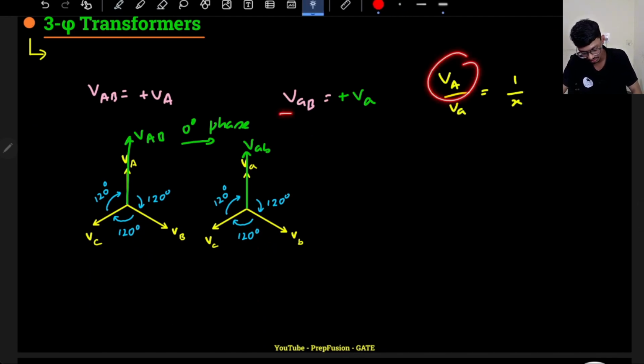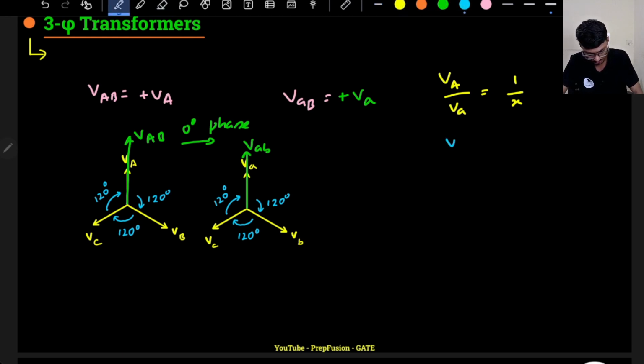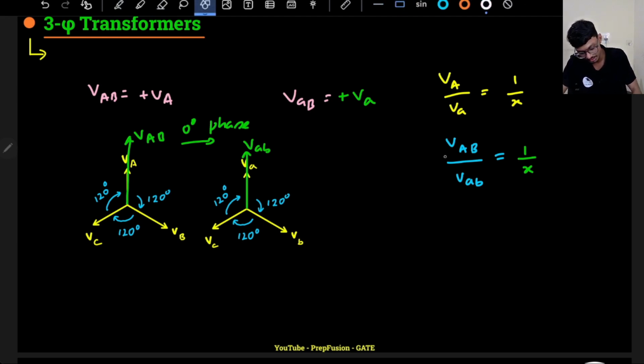Capital VA is VAB, so VAB upon small vab is equal to 1 upon x. This is the turns ratio basically for a delta-delta transformer.